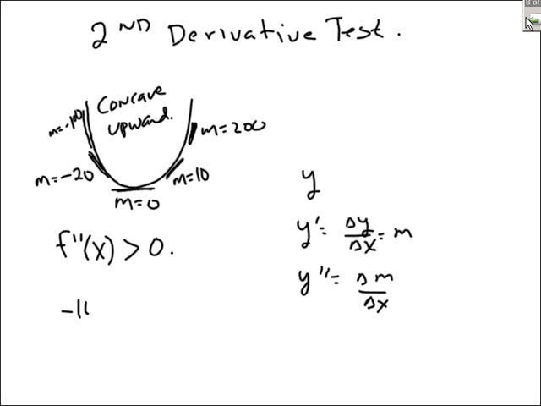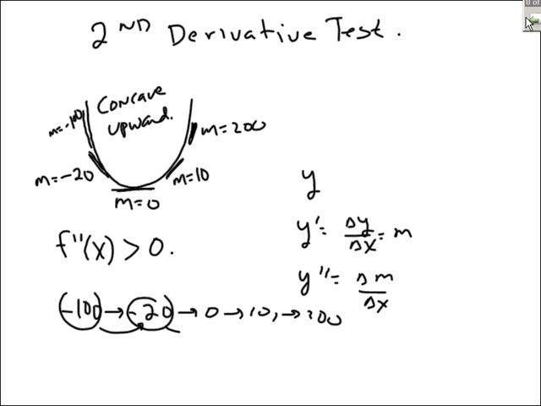If you go from negative 100 to negative 20 to 0 to 10 to 200, you kept going higher. Owe somebody 100, now you only owe them 20, now you're even, now they owe you 10, now they owe you 200. You were moving in the positive direction. So we say the second derivative is positive.